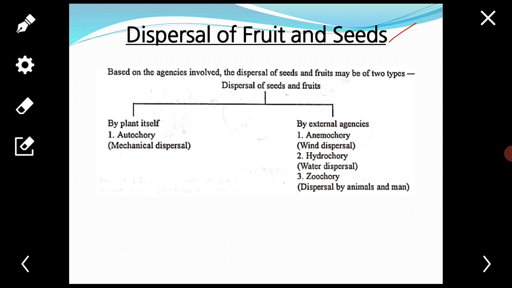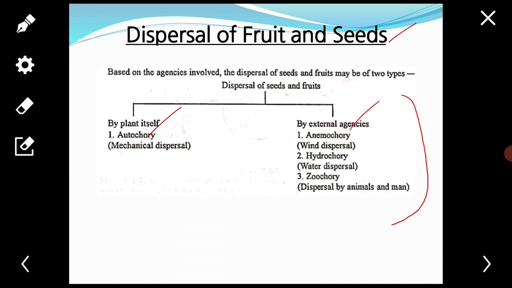Students, these are the figure of the dispersal of fruit and seeds. The dispersal of seeds and fruits may be of two types: by plant itself, that is autochory, means by the mechanical dispersal.